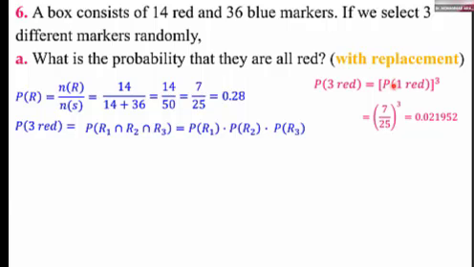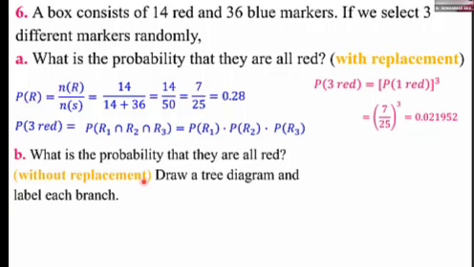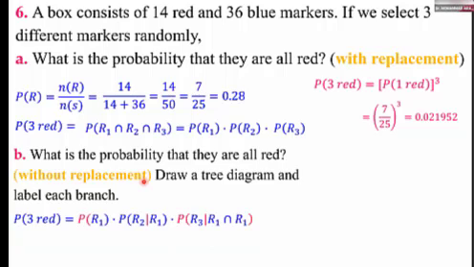However, what happens when it's done without replacement? And that's what we want to discuss. I want to distinguish between the two. In that case, if we were to write the formulas, would be probability of R1. The first one has a probability of 14 out of 50. Then R2 given R1. And that now, instead of total of 50, we have 49.